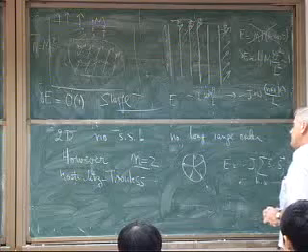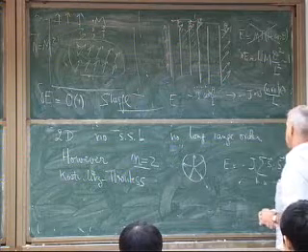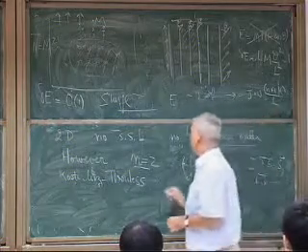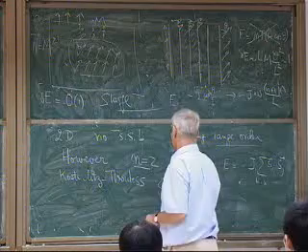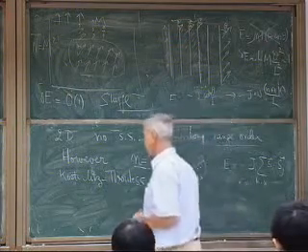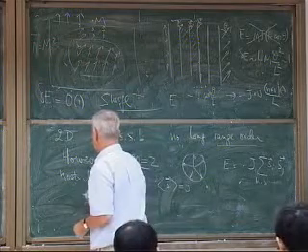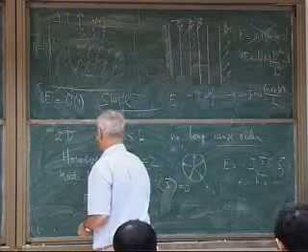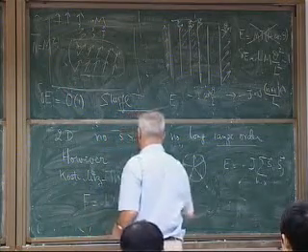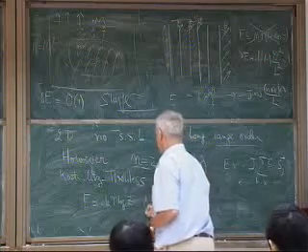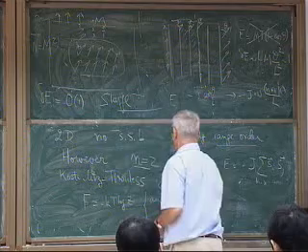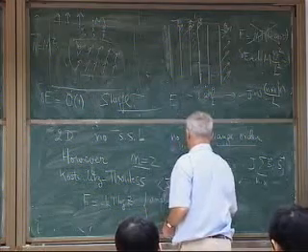And what happens is very curious. There is no long range order. The expectation value of S is always 0 at all temperature. However, if one looks at the free energy, it's analytic for T greater than Tc.